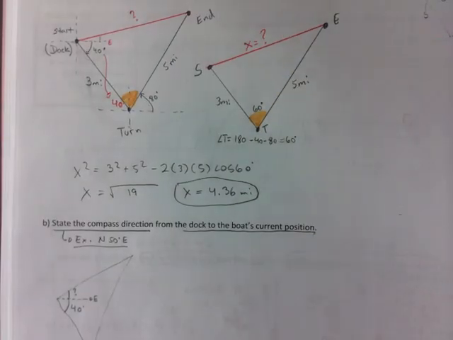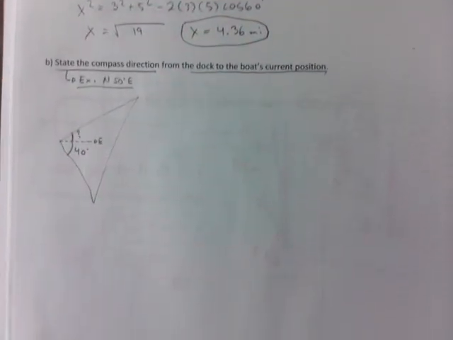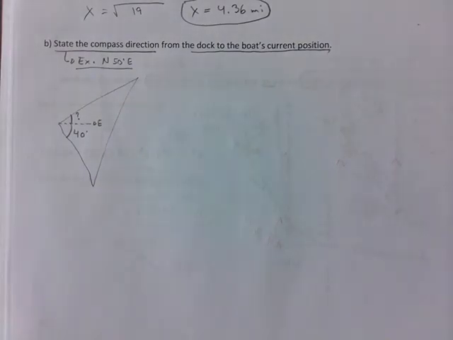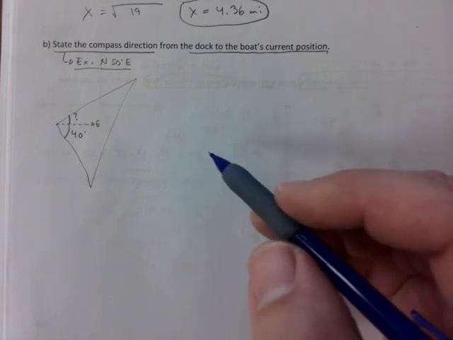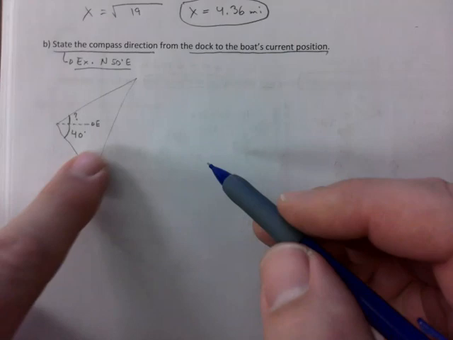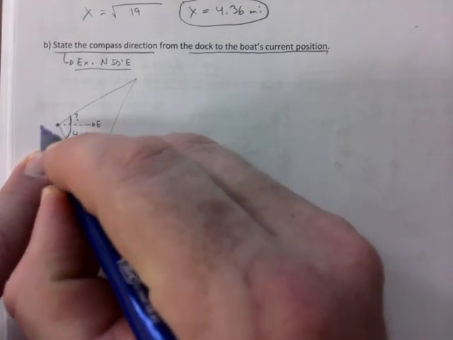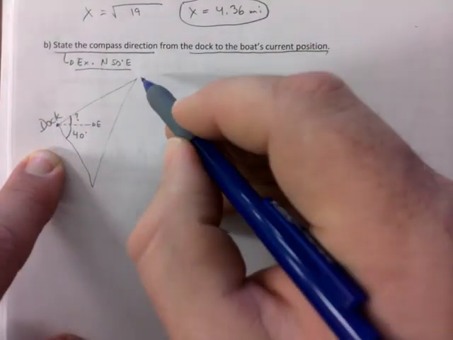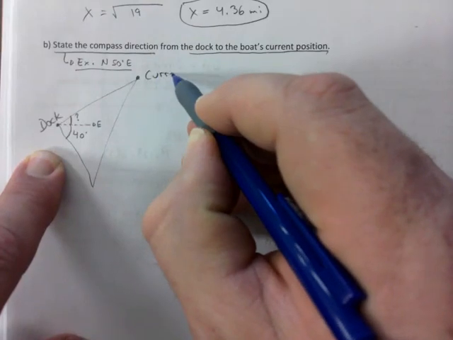Sorry, I wasn't looking, so you were left in the dark. How would I know for sure, based on the situation, this is the dock, this is the current position?